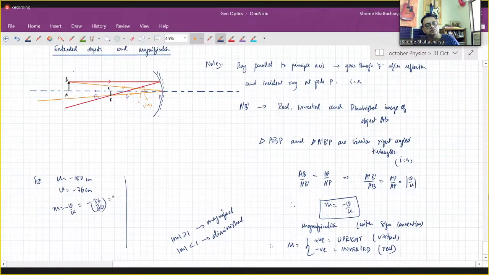So this is minus of 0.2. So it is a real, inverted and diminished image.